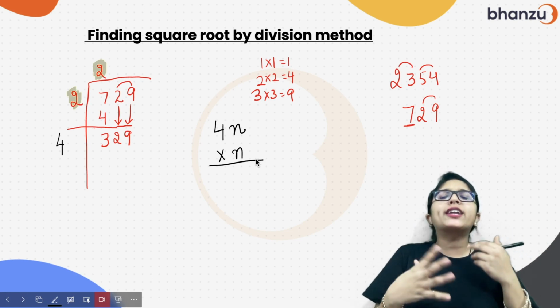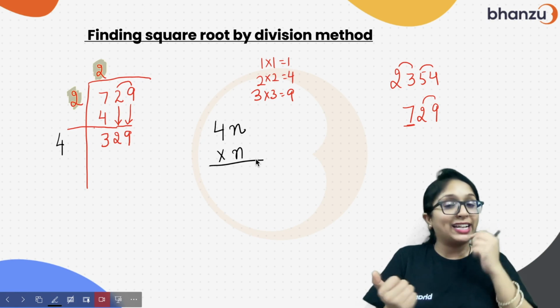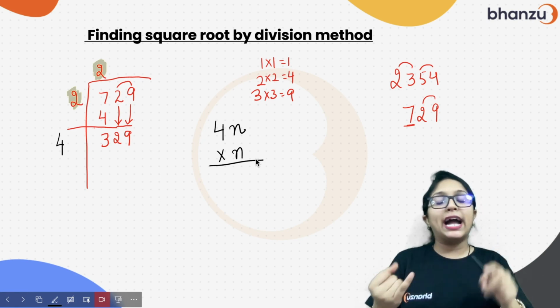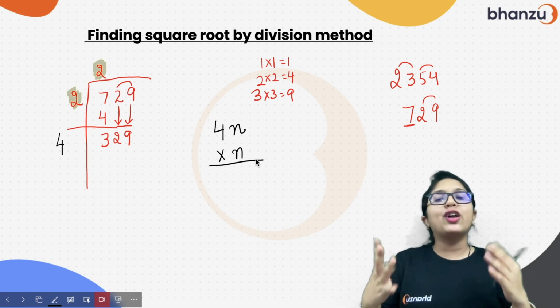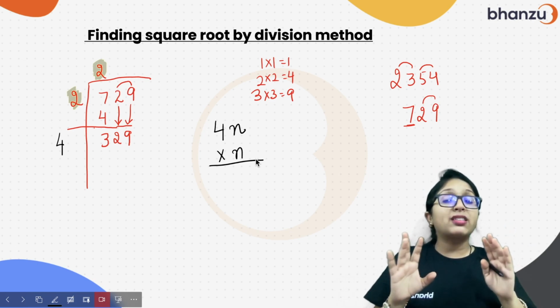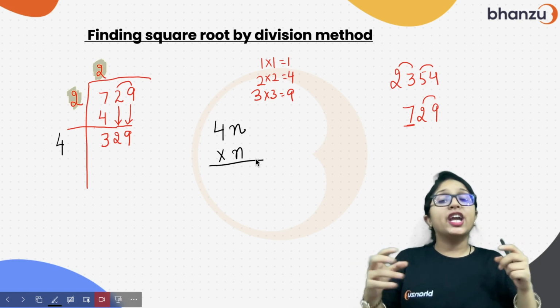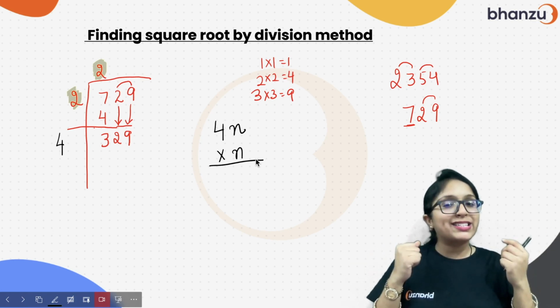Okay, so now what can be the value of this variable n that I am using? So now I know that 3 times 3 is 9 and 7 times 7 is 49. So first of all I will try to check if I am getting 329 or not, right? If I am getting it, then why would I go for the lesser number?